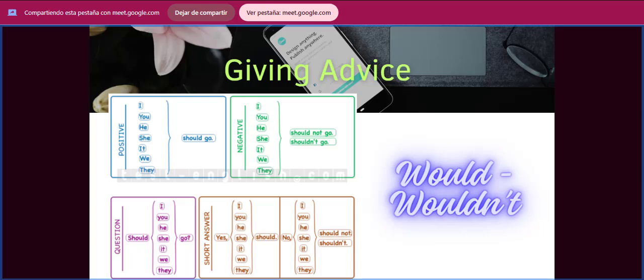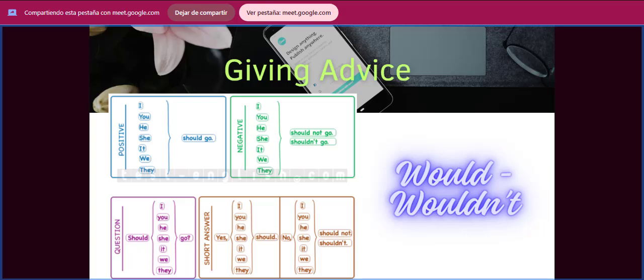In the negative sentence, we will use the subject, then the modal verb, either should or would, plus the negative particle not. As I told you since the first session, remember that not will usually be abbreviated. So we can say, I should not go, or I shouldn't go. Or if we use would, I would not go, or I wouldn't go.